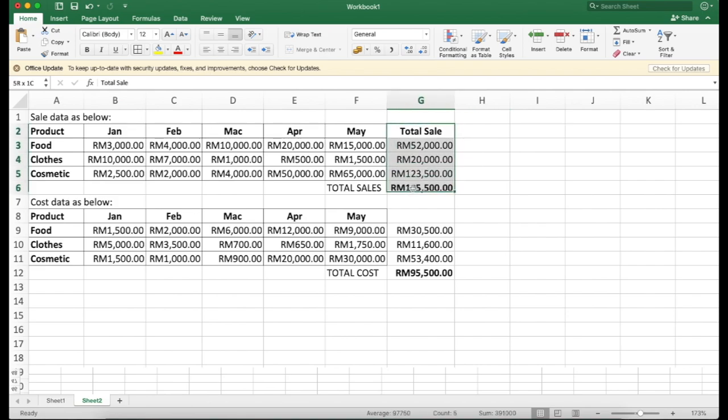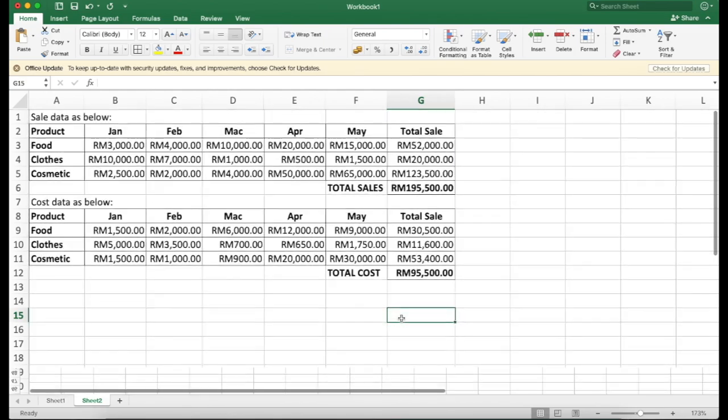Okay. Need to do the border of the table. Just using copy and paste, so we cut the time to do our work. Okay, now we know the total sale. Okay, what is the question?